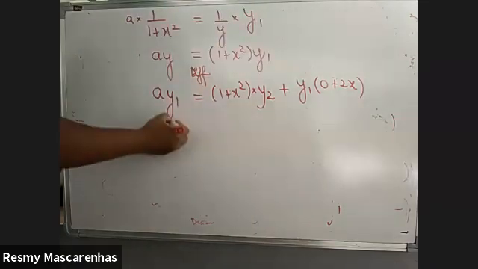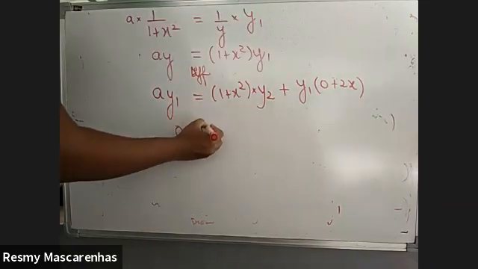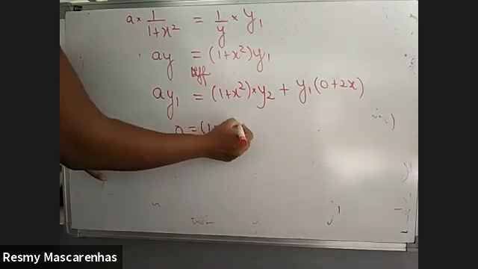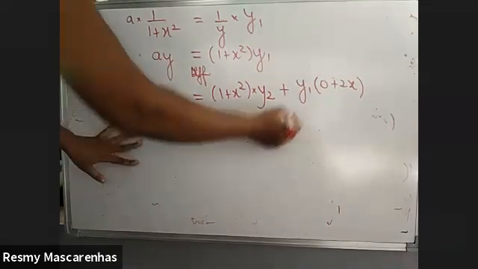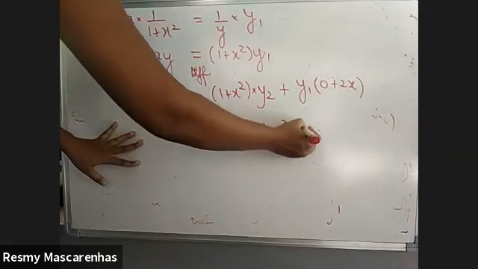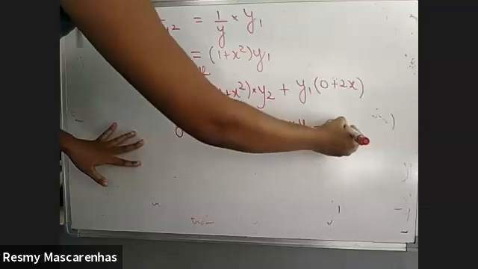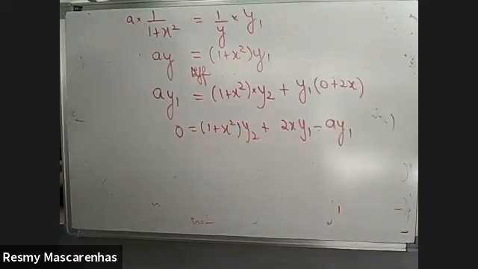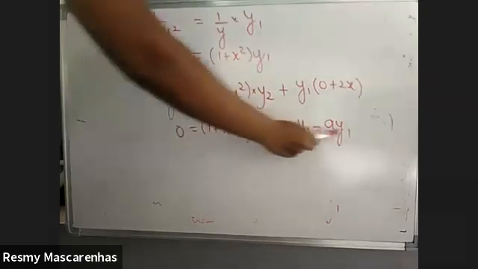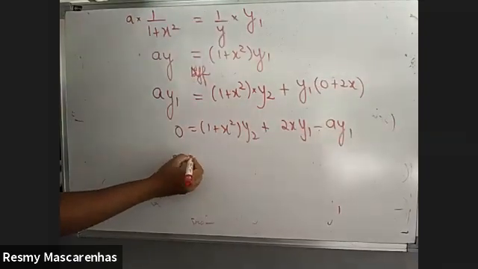You can take this term on the other side. (1 plus x square) y2 plus 2x y1 minus a y1. And then take out y1 common. You will get the answer. This term I took on the other side. Both places y1 is common.